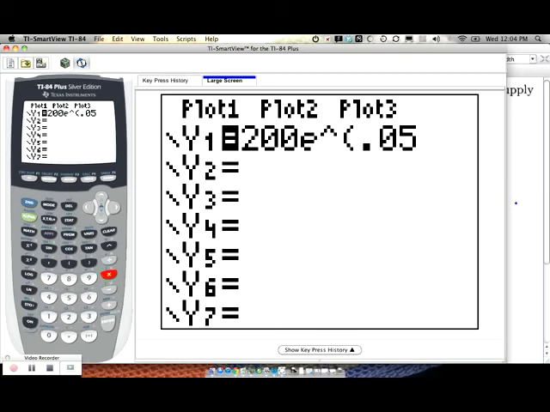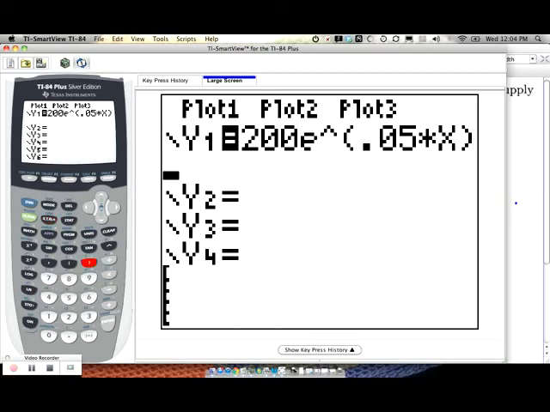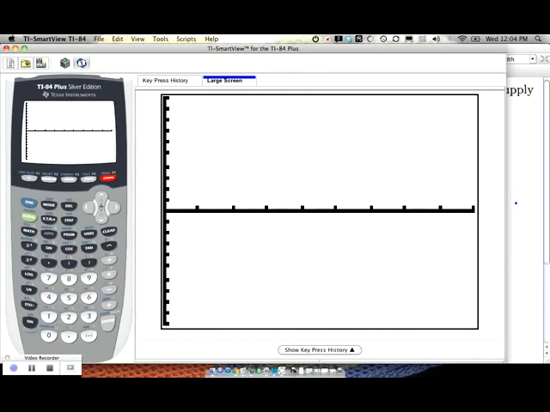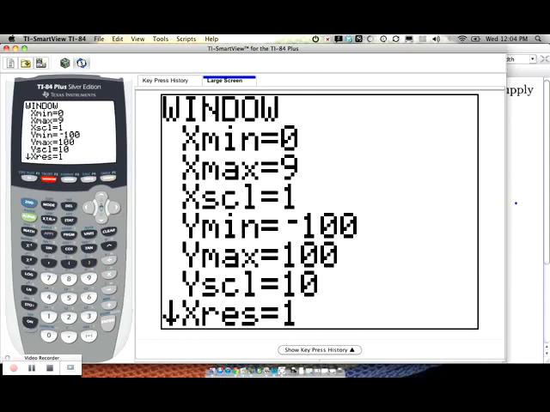Now we were looking at up to 200 years, so I need to go somewhere around there. Let's say that we go from 0 to 200, and the y minimum, we don't need to go down, so we just need to see when it equals 0. And the y maximum, sure, we can stay at 100. We have a function that's still not working here.